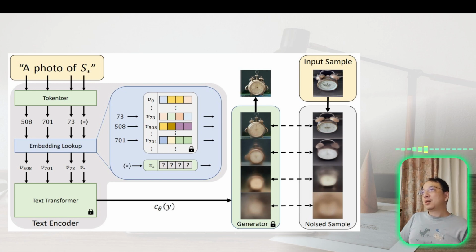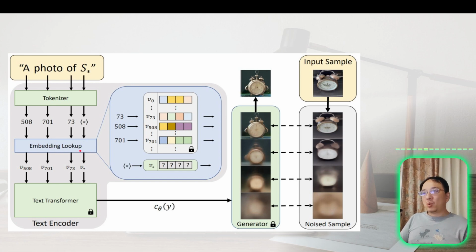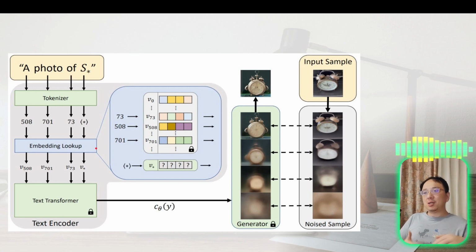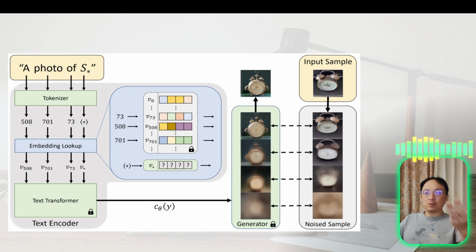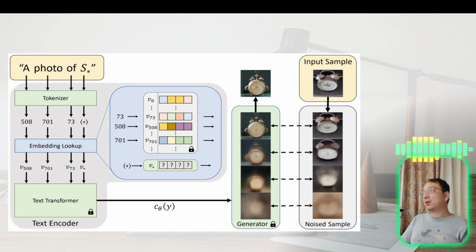Well, that's easy. The difficult part is that for each token, for each index, we're going to have an embedding lookup table. This embedding lookup table was trained during the training of that text encoder, maybe using a BERT way or a GPT way or other ways. But it has already been trained. Our newly added vocabulary doesn't have an entry in this embedding lookup table.